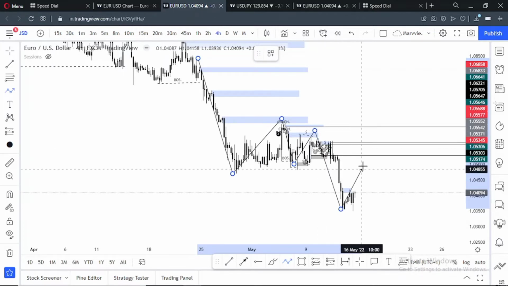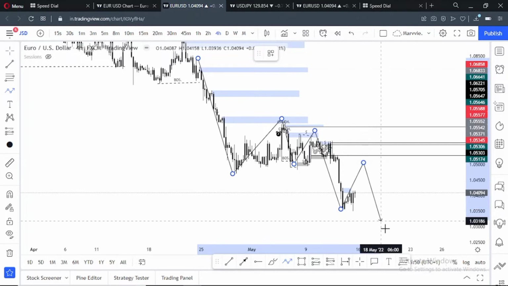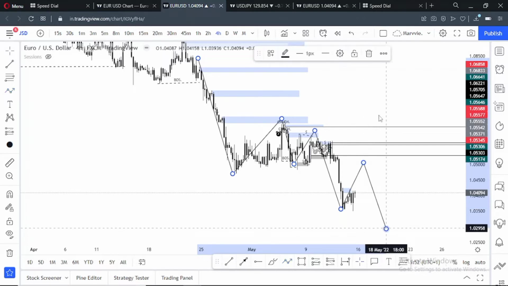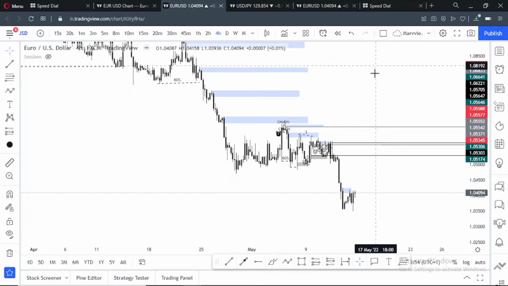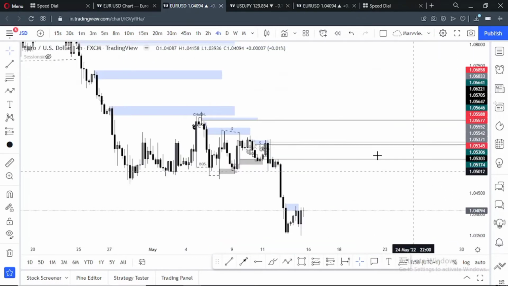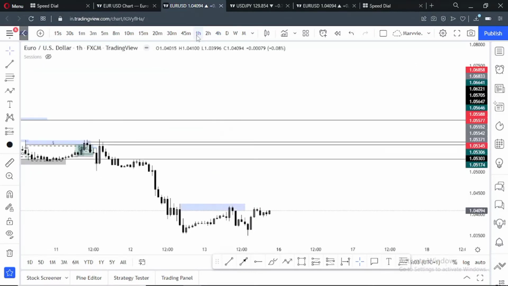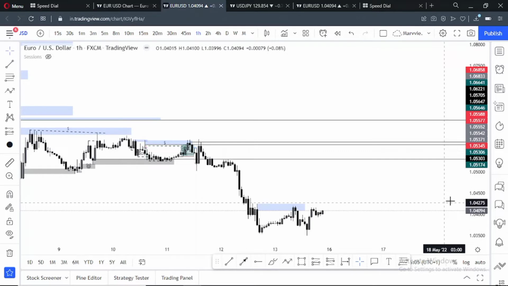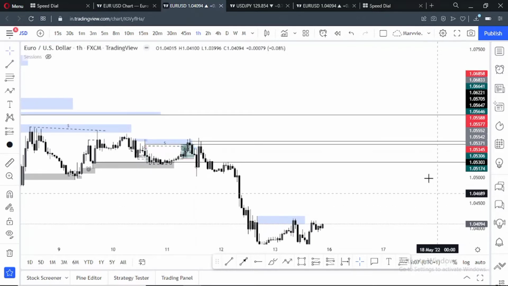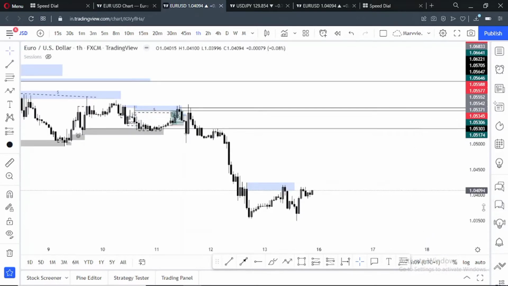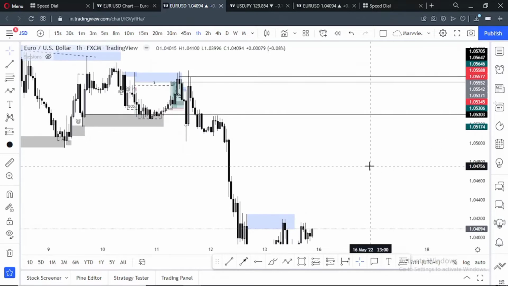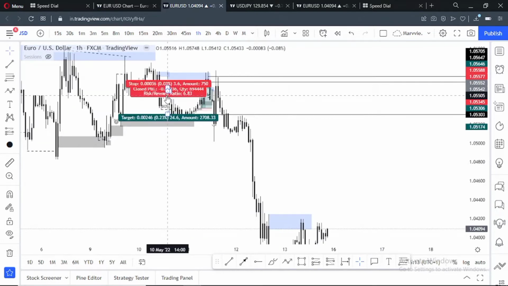So what makes sense is to expect a pullback, then a drop here on the 4-hour time frame. Now let's go to the 1 hour to see what makes sense. Sorry for that. So here on the 1 hour time frame, what makes sense to look for? Now all these are trades from last week. Let me delete them.